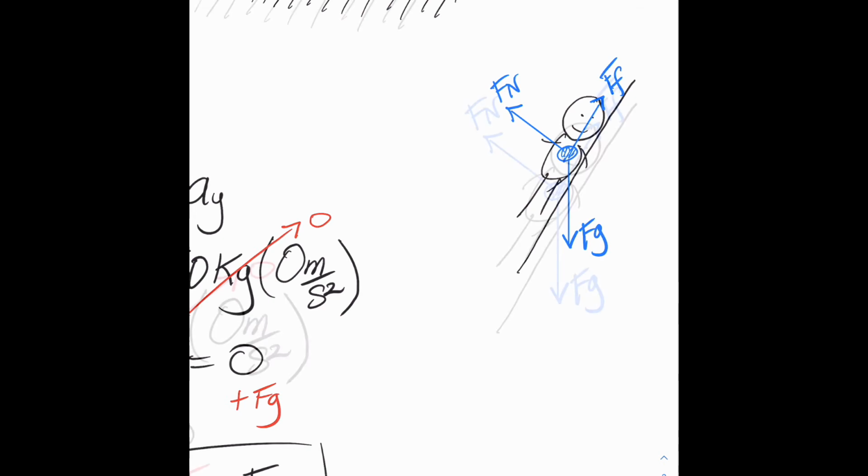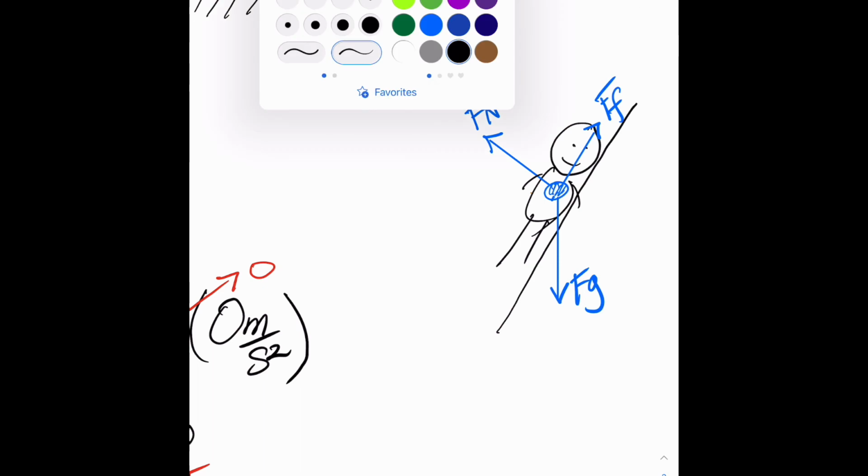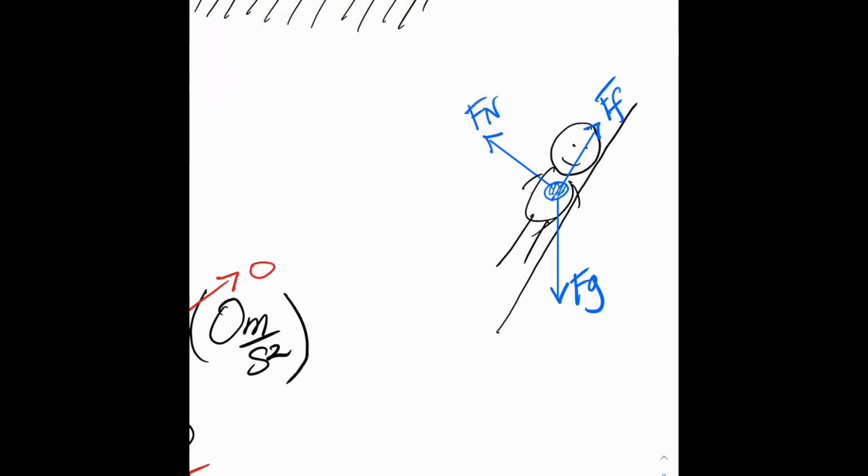If that's the case, what we can see here by tilting it is that less is going to be required of friction, right? Because if we split force gravity into a piece that goes down the incline and a piece that opposes force normal, you can call this FGY.